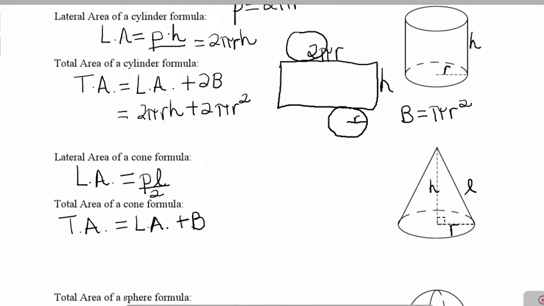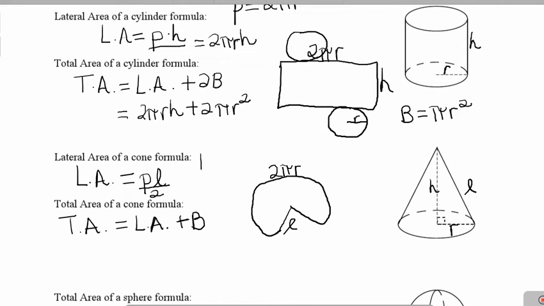Now let's think about if we were to unravel that cone. What shape would we have for the lateral surface area? The shape that we would get is going to look kind of like a sector of a circle, where this distance is equal to the length of the slant height, and the arc length of this sector is going to be equal to the perimeter of the smaller circle, the base of the cone. So that would be equal to 2 pi r.